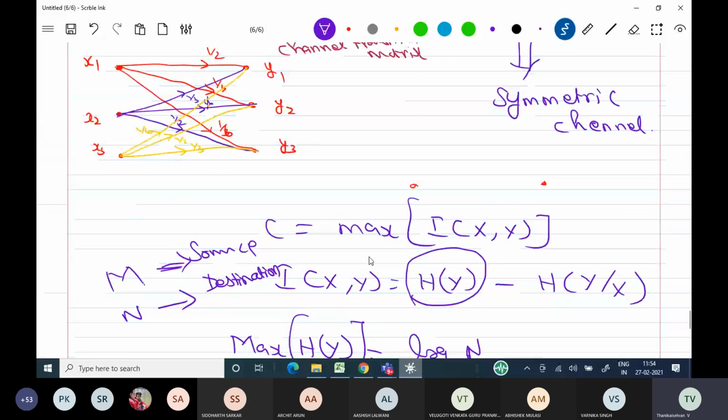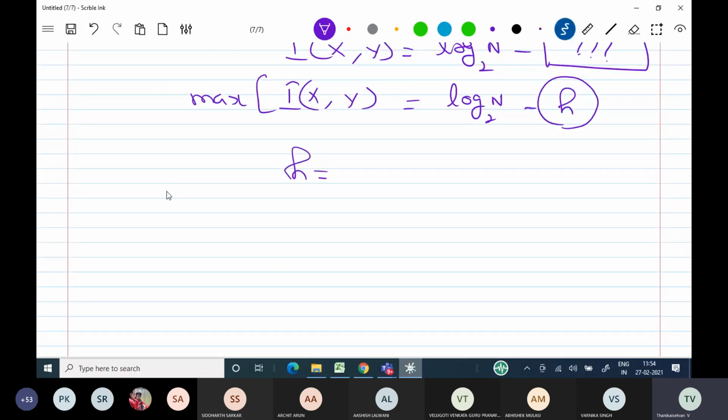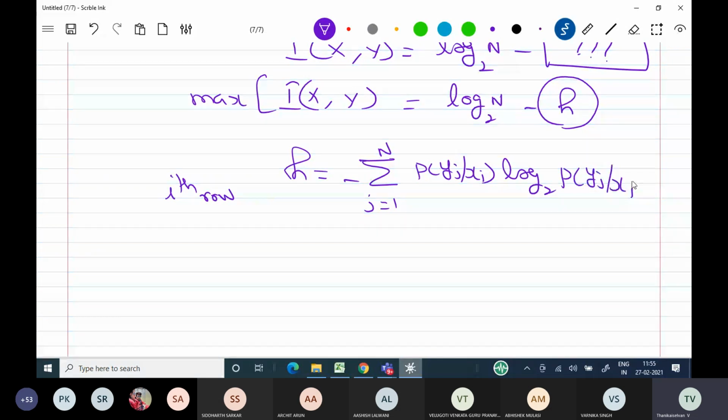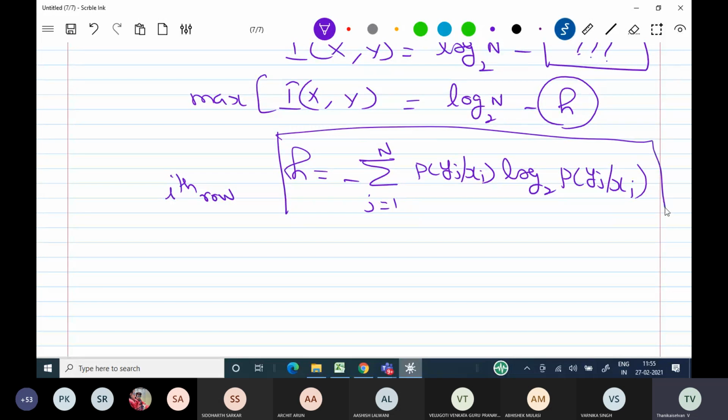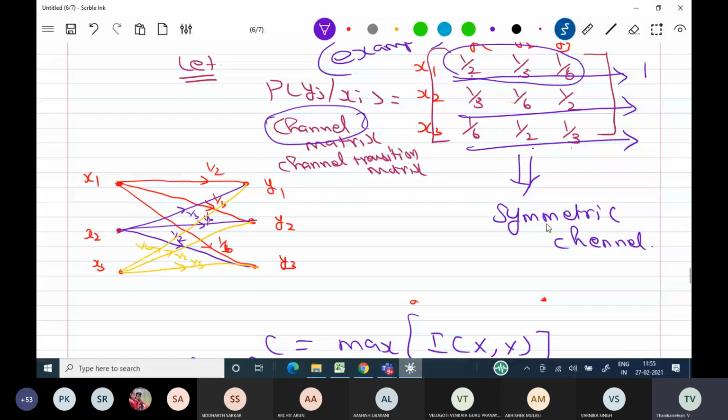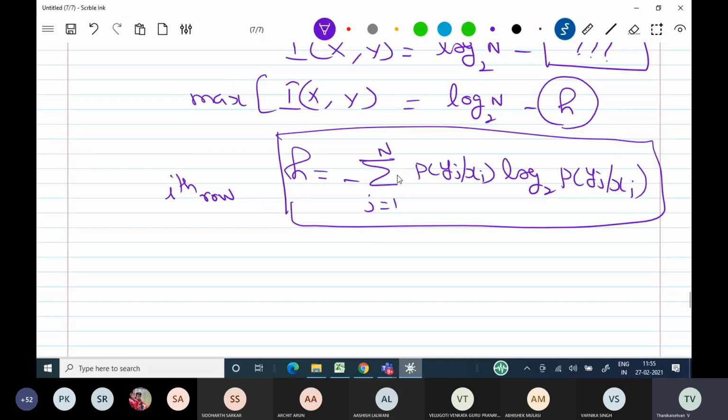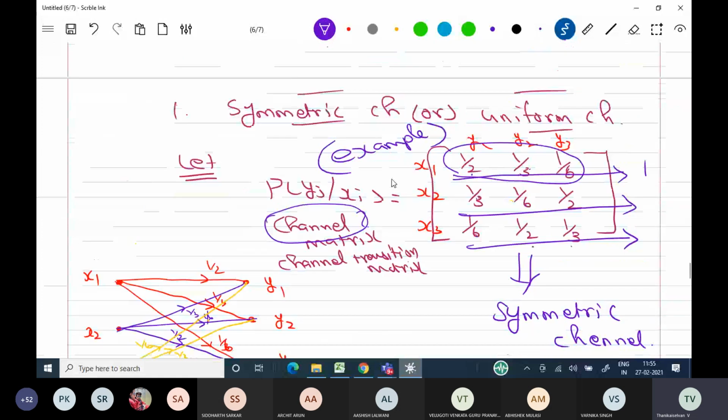H is equal to, you take any one of the rows. The ith row is taken: summation over j equal to 1 to capital N of P(yj given xi) log base 2 P(yj given xi). When you calculate this small h for any row, the answer will be equal. So we are taking any one of the rows out of 3 rows here.